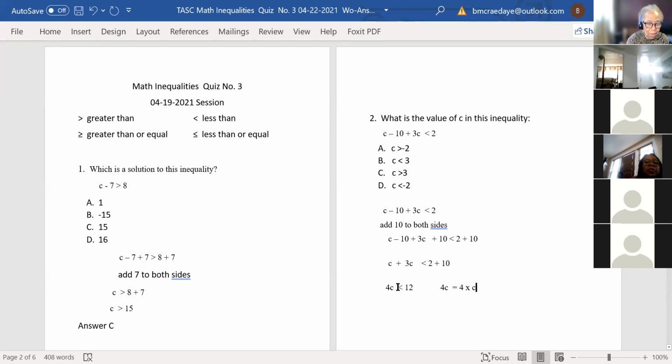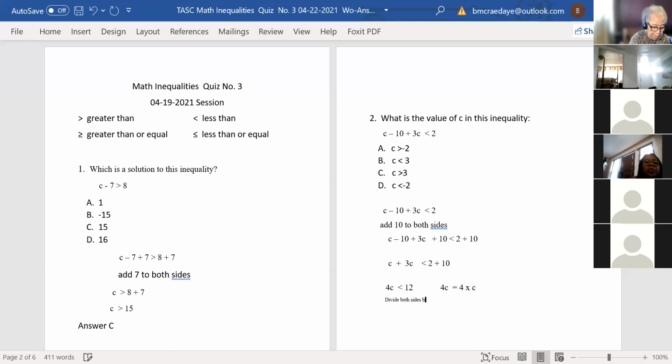So what do I divide by? You divide both sides by 4, right? Because remember, to keep an inequality or an equation in balance, you do the same to both sides.